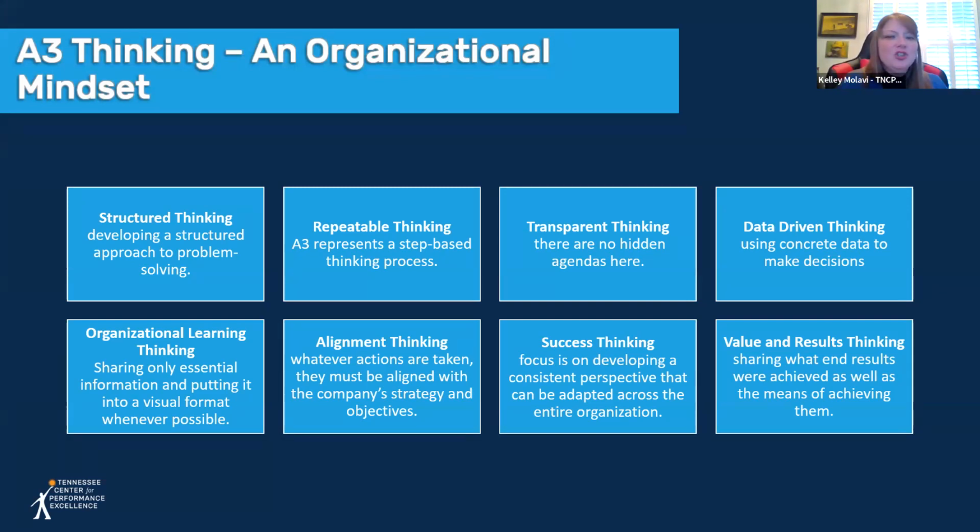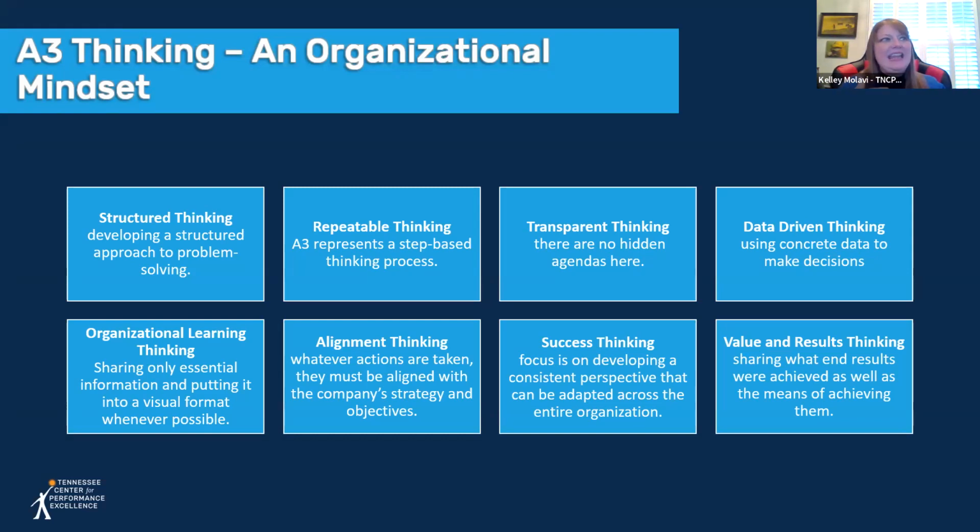Again, only essential information is shared when we're putting it into this visual format. So we're going to get rid of a lot of the noise. There's no fluff here. There's no sugar coating. It's going to get down to the meat of what's going on within the organization. So that gives some learning, but also gives that transparency.